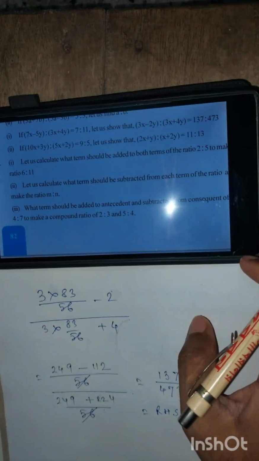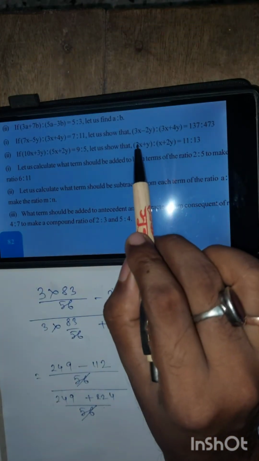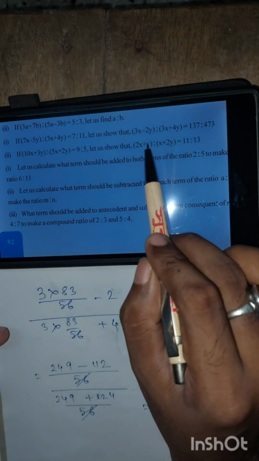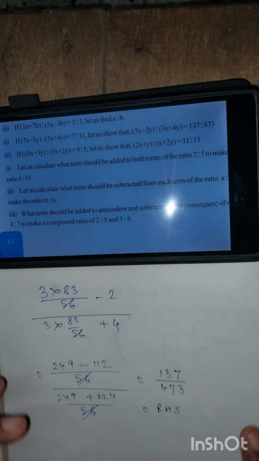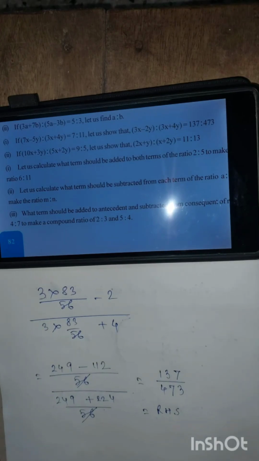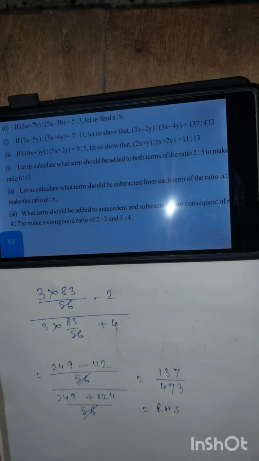So LHS equal to RHS proved. So this is what we have proved. Therefore LHS equal to RHS. Now friends, let us proceed to the next question, part 2, Roman 2.